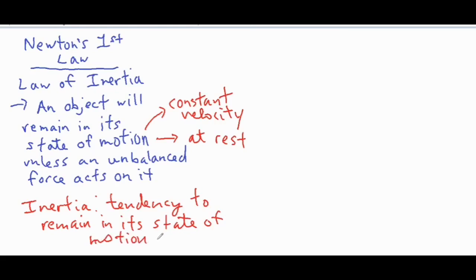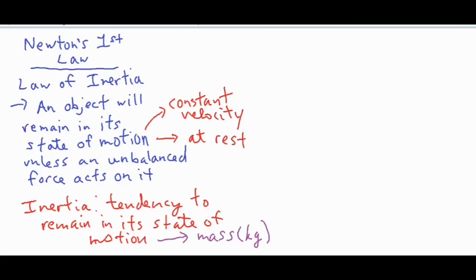And the indicator for if something has more or less inertia is its mass in kilograms. So it's safe to say if something has 2 kilograms as opposed to 1, it definitely has more inertia, has more tendency to remain in motion or remain motionless.